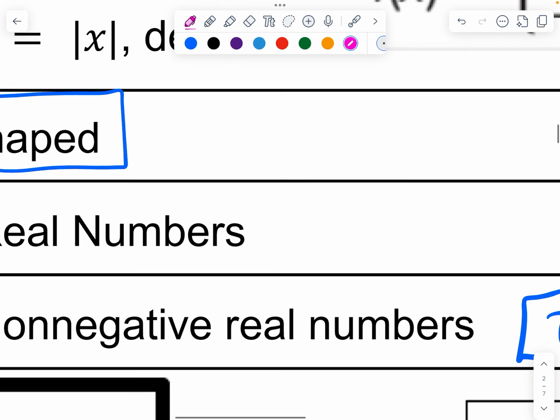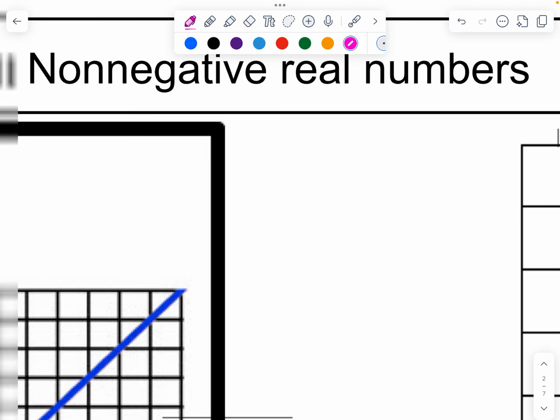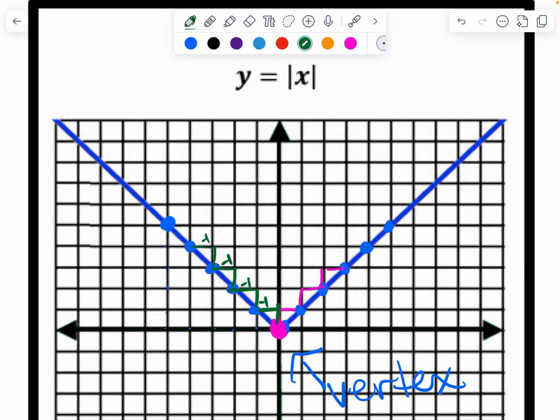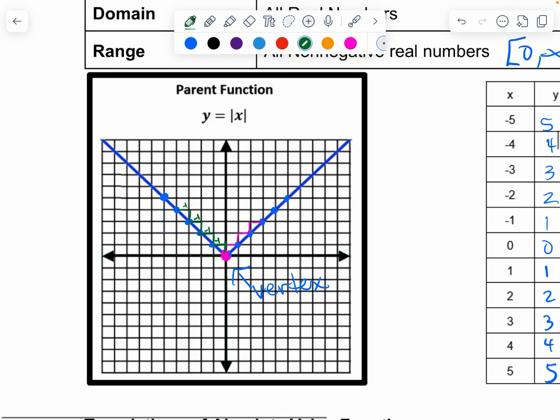Now, the other part of the piecewise has a slope of -1. I'm going to pick a different color. Up 1, yes, but it goes to the left, so that makes a -1. And so it is a piecewise function.